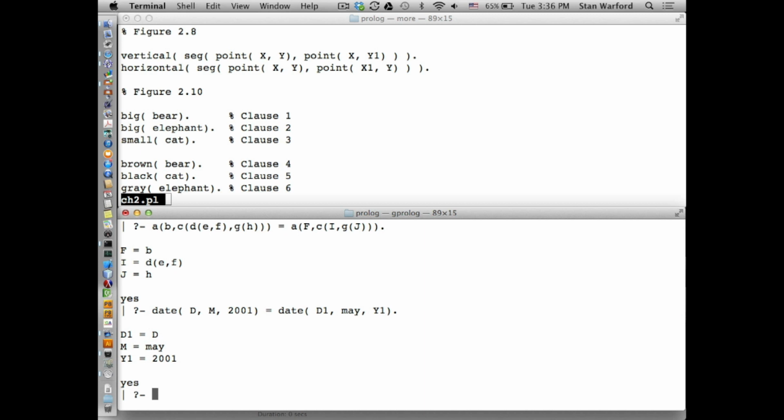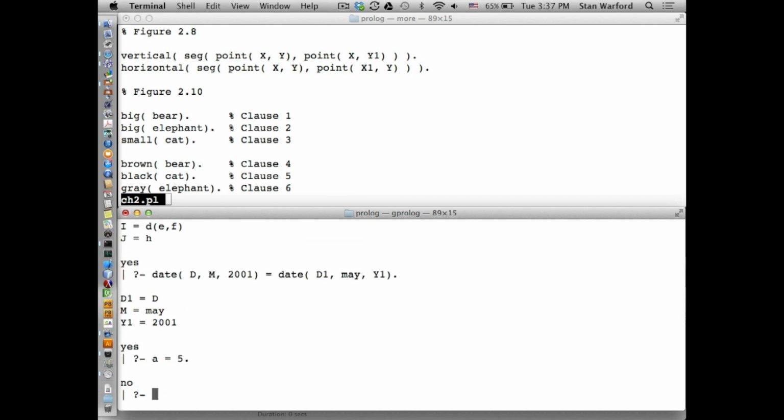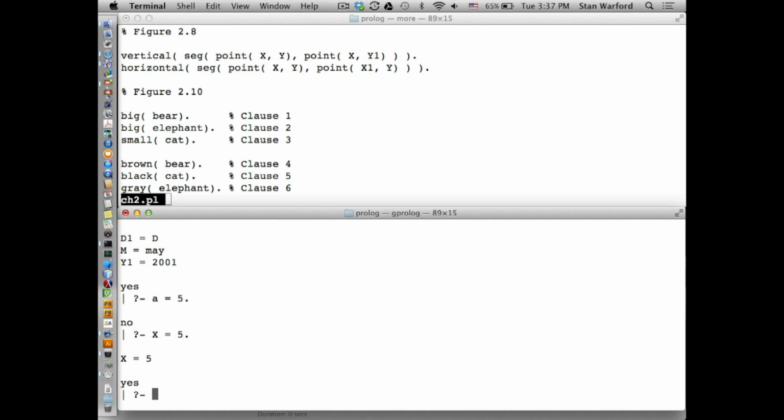And then how about let's do some numbers. A match 5. What do you think? No. How about X match 5? And what is the match? X equals 5, right? And then how about 5 match X? Okay, good for you. How about X match Y and Y match A?